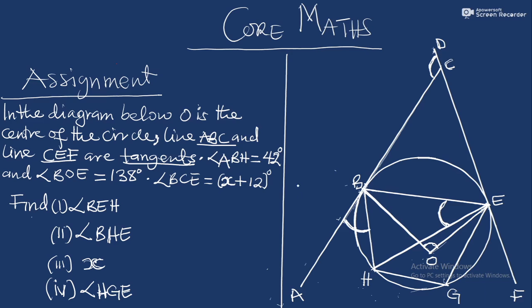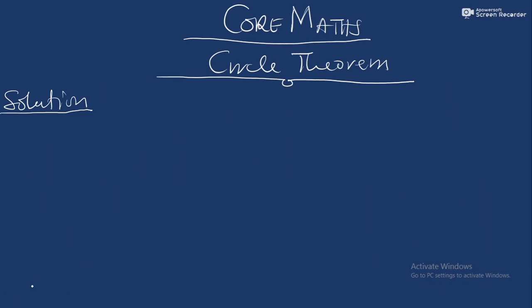And we're given in the question that angle ABH is what? 42 degrees. So it means that our answer to the I will be 42 degrees. So let's present our solution. So always write the question number.